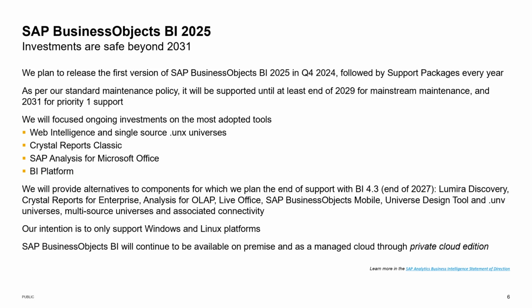That said, we are going to be focusing the 2025 release on the most adopted tools per our customer base. And so that's going to be Webby, of course, moving you finally from the UNV to the UNX universe type, Crystal Reports Classic, Analysis for Office, and the BI platform generally.